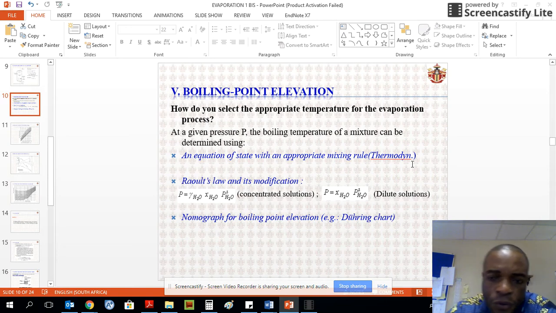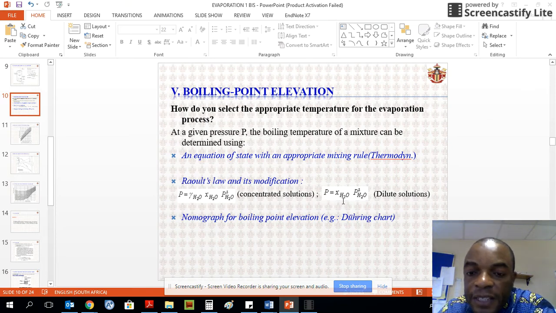but you can also use, for ideal solution, dilute solution, Raoult's law, such that the pressure is equal to mole fraction of the solvent in the liquid phase times the saturated vapor pressure of your solvent.